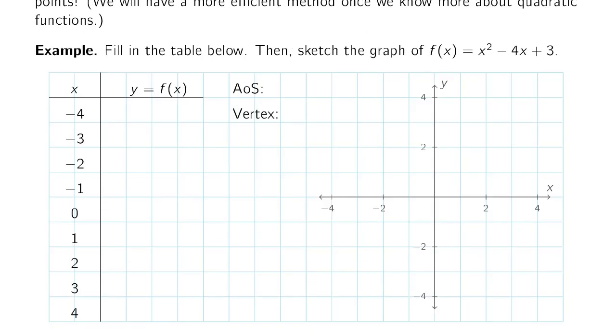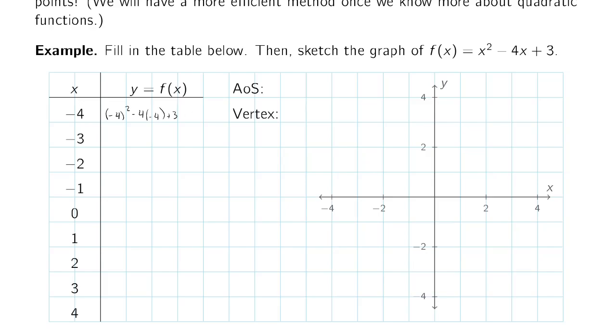Here we want to sketch the graph of f of x equals x squared minus 4x plus 3. And we have a set of axes where our x-axis goes from -4 up to 4. So we're just going to plug in all of the integers from -4 up to 4 and see what happens. So when x is -4, f of x is -4 squared minus 4 times -4 plus 3.